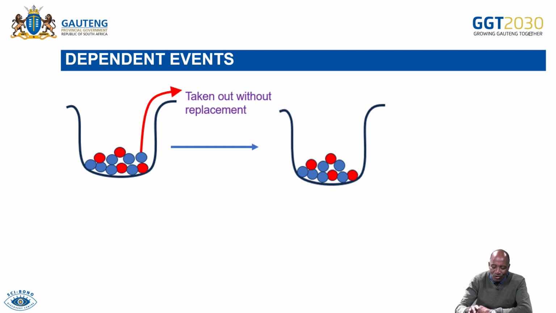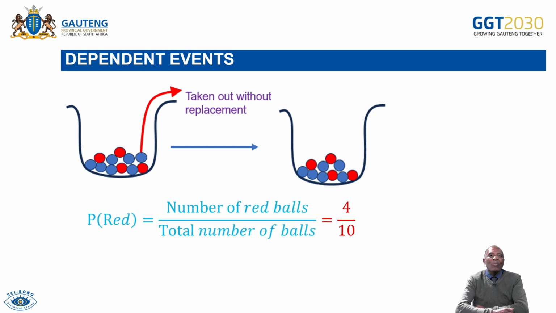So you will find that the probability of getting red this time around is going to depend on what happened earlier on. Earlier on, we removed a blue one, meaning our denominator is no longer going to be 11 anymore because it's without replacement.